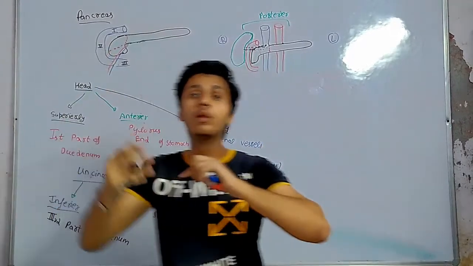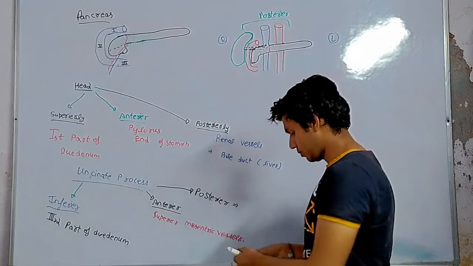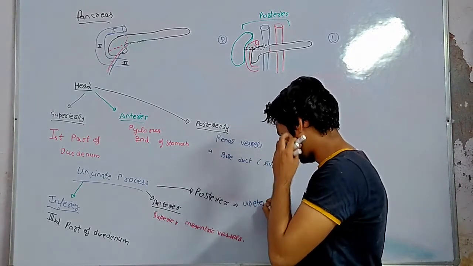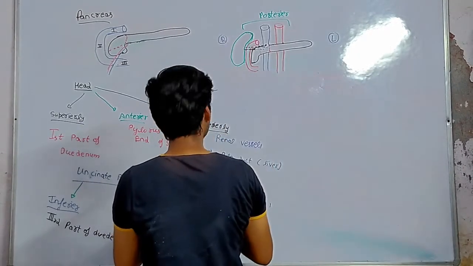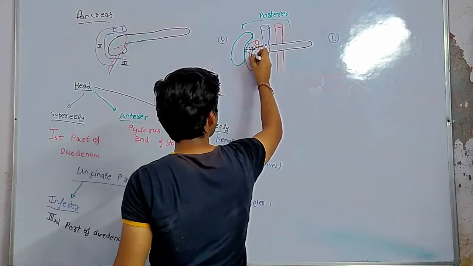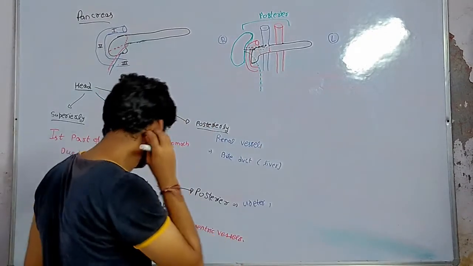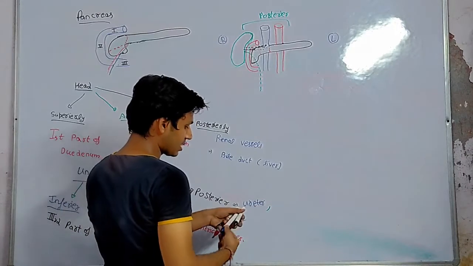Posterior abdominal wall, psoas major and quadratus lumborum muscles can also come. So the ureter can come, and other muscles can come.